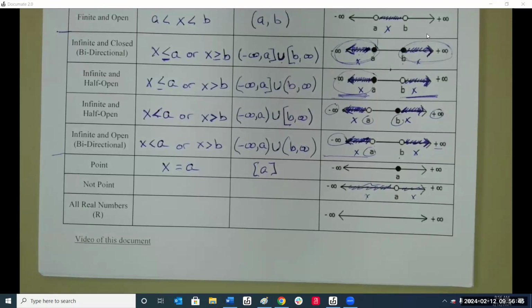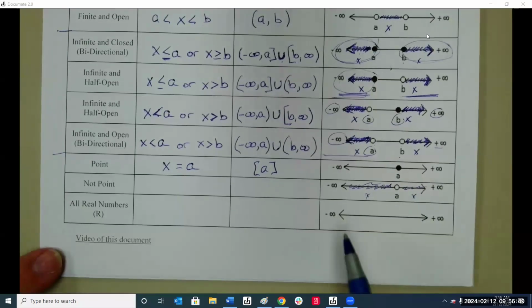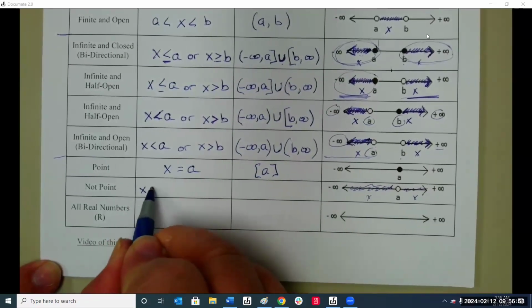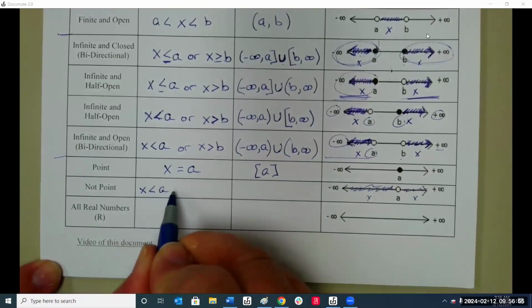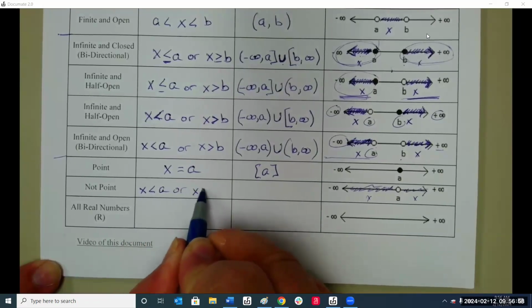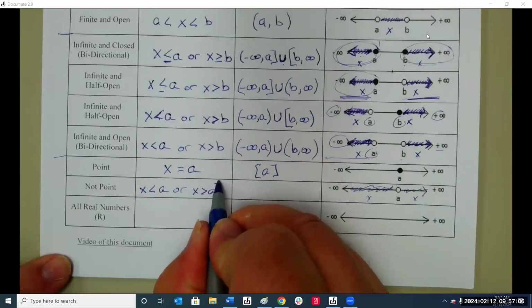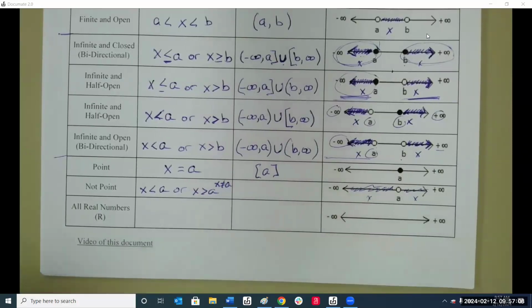Anybody? So we say that X is less than A or X is greater than A. That simply says that X is not equal to A, which is what X not equal to A is all about. That's a shortcut.